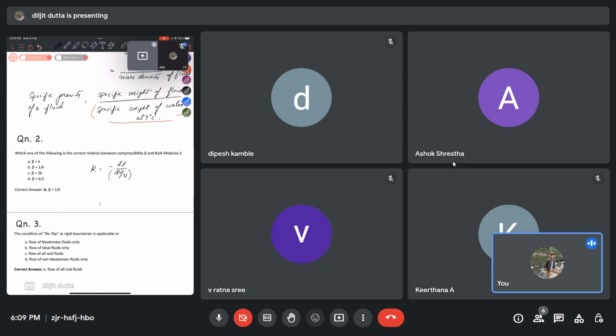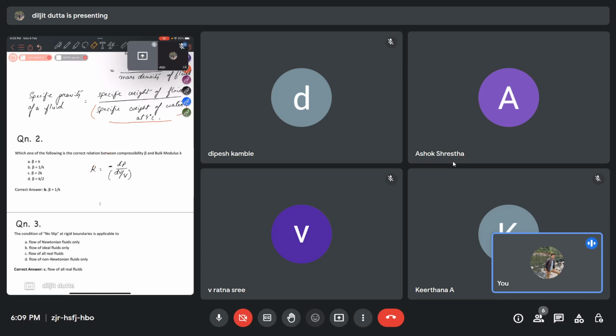Why minus? This minus sign is given in the formula of bulk modulus because if you increase the volume of a fluid element, the pressure of the fluid element will decrease. So to keep the ratio of dP and dV positive, to keep the bulk modulus as a positive value, we have included a negative sign in the formula.